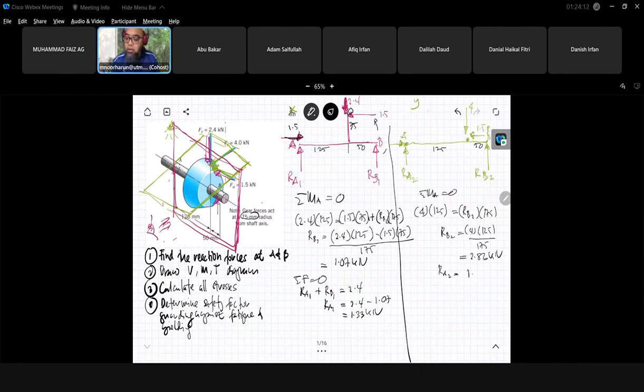You akan dapat 1.14 kilonewton. And this A, this direction, is equal to 1.5, sama. So the axial reaction at bearing A. So you get the reaction forces at bearings A and B in the different planes.